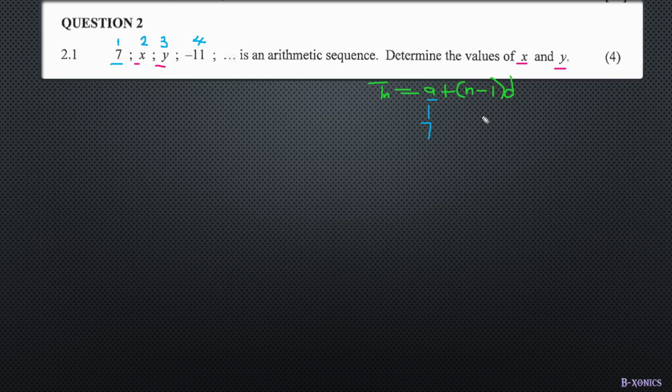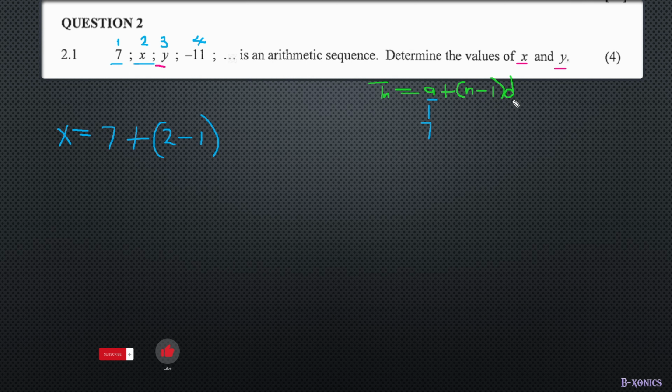If I need x, this is T of position 2, which equals a, that is 7, plus (n, which is 2, minus 1) times the difference.